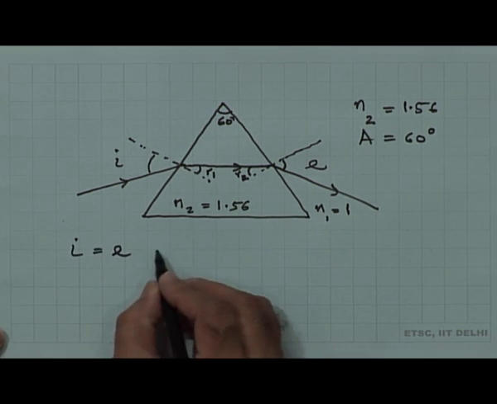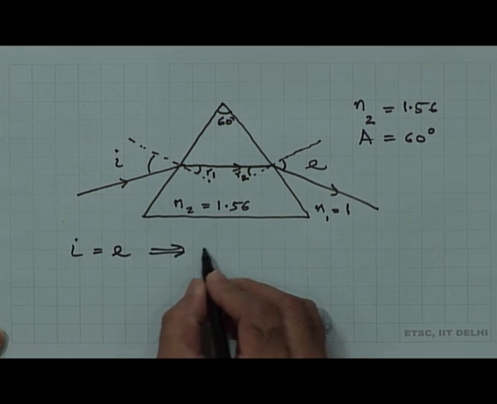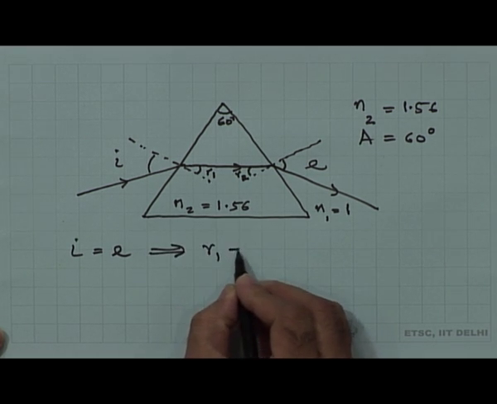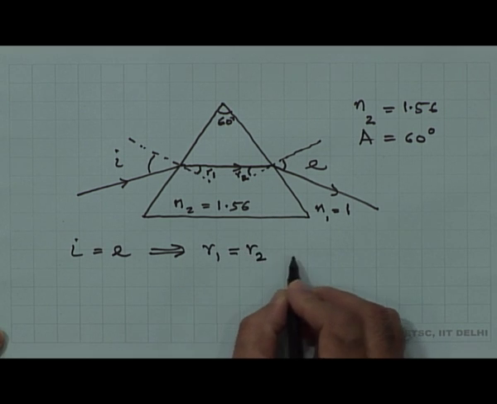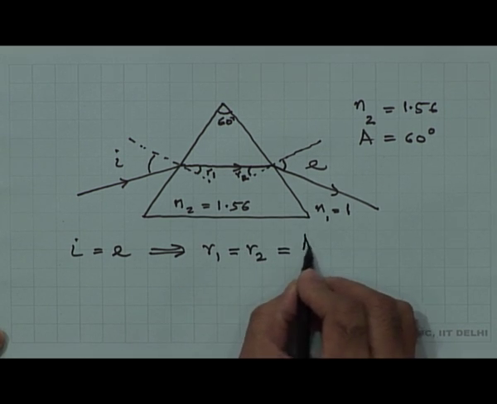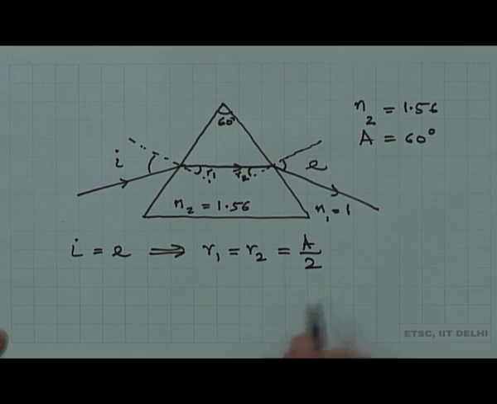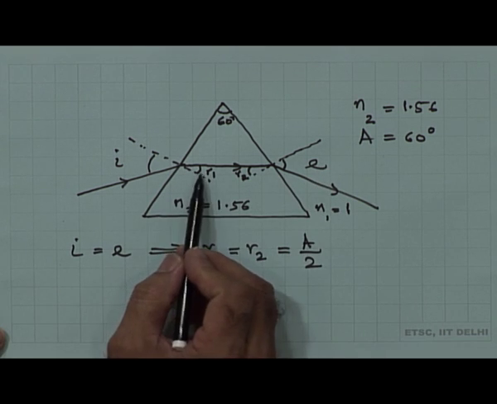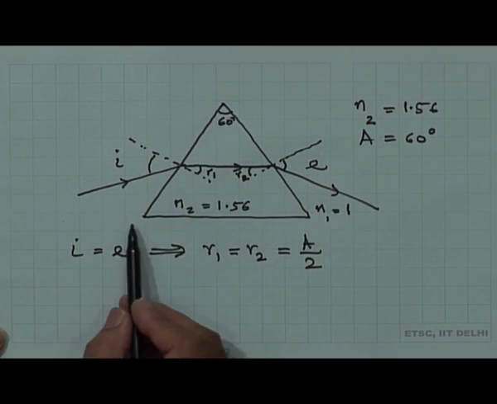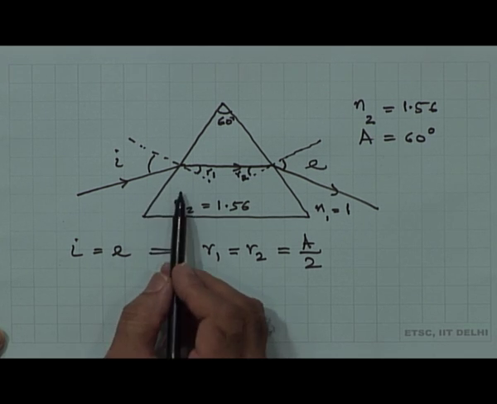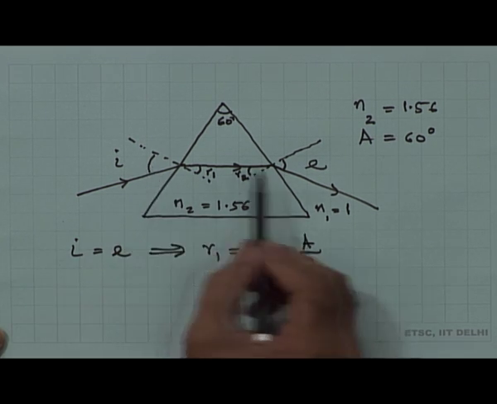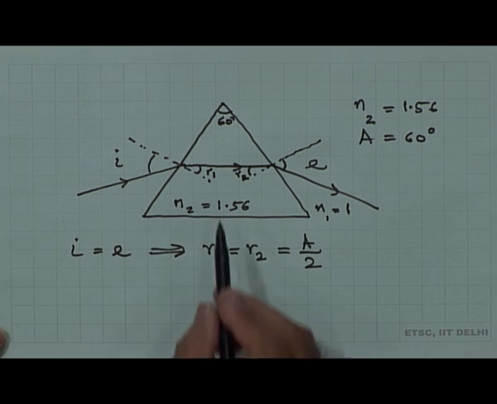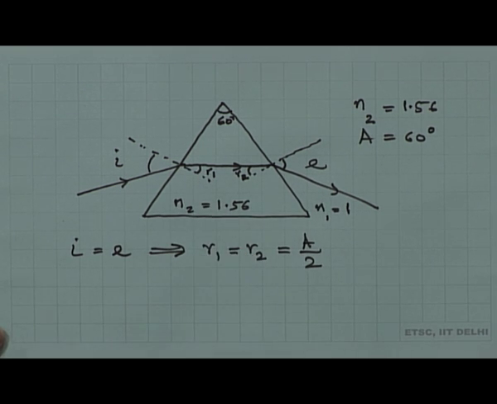I is equal to E implies R1 is equal to R2, which is equal to A by 2. We have already seen this, because if I is equal to E, that means R1 must be equal to R2, because it is the same interface, same refractive index separation, and therefore R1 must be equal to R2, and this will be equal to A by 2.